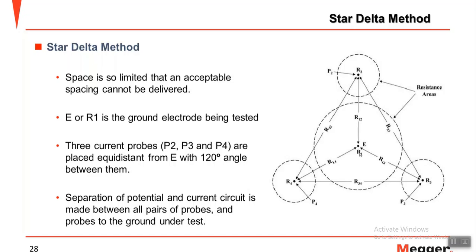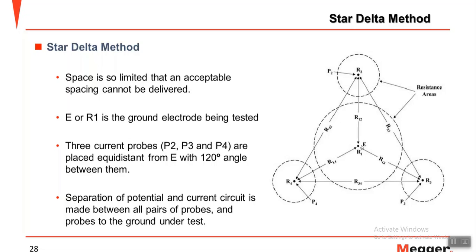You need to do six measurements. R1 is measured to R12, R13, R14, and then you do measurements on R2 to R4, and continue to R23 and R34. These can be measured with the two-pole method.